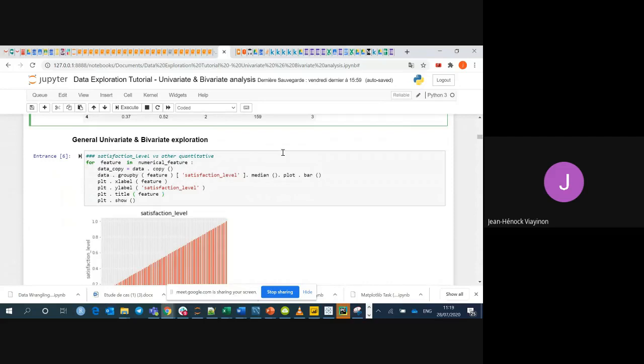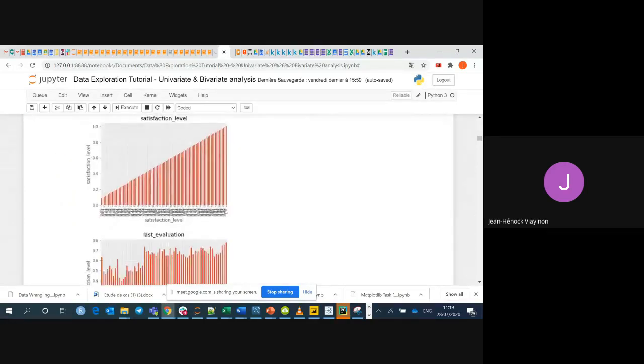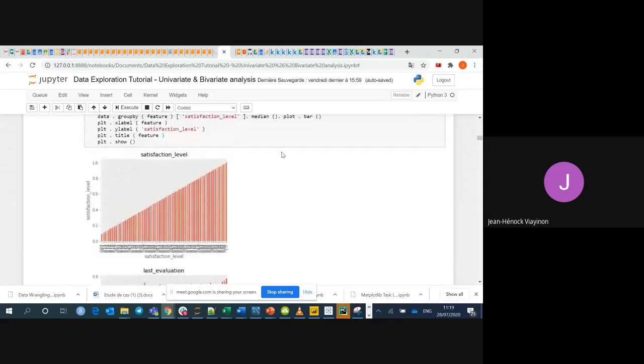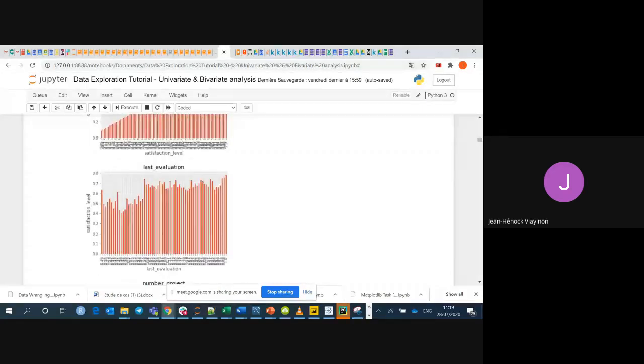For the quantitative variables, I want to look at employee attrition. The fact that the employee will churn will more likely depend on the satisfaction. So I start exploring how the satisfaction of that employee is correlated with the other quantitative variables.